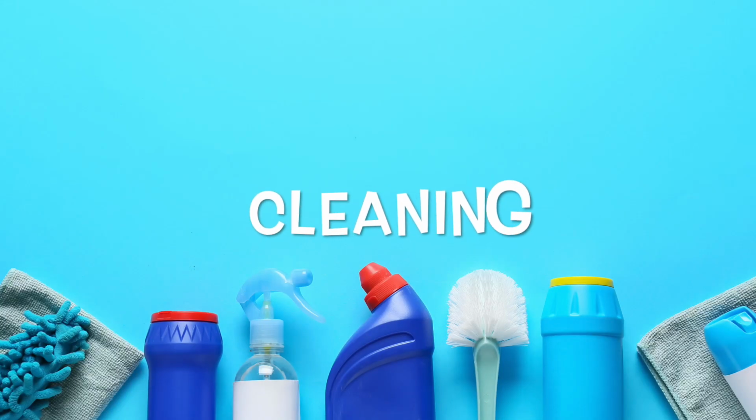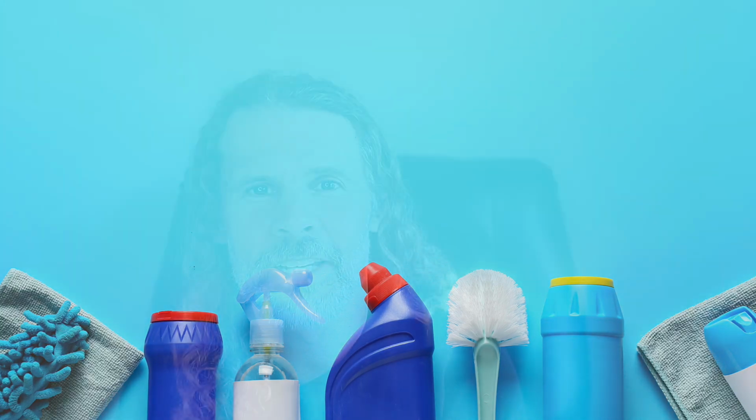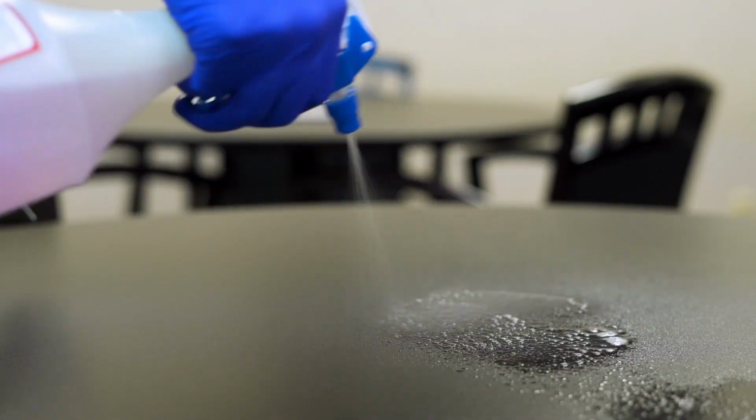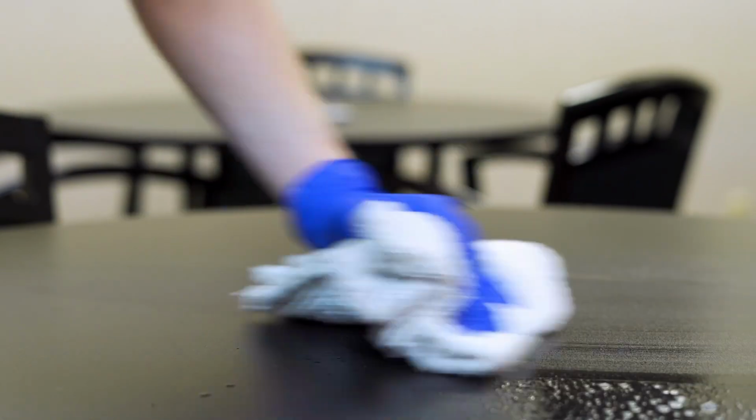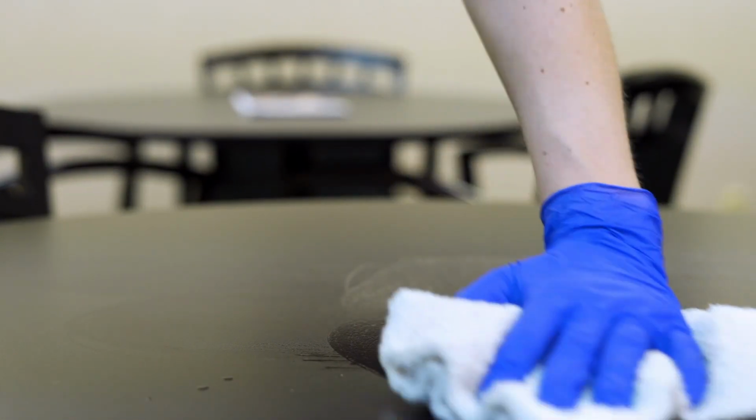Let's start with cleaning. This is really the first line of defense in the cleaning process, and it's going to be the physical removal of dust, dirt, grime from a surface or an item. You can think of this as wiping down a countertop or sweeping a floor.